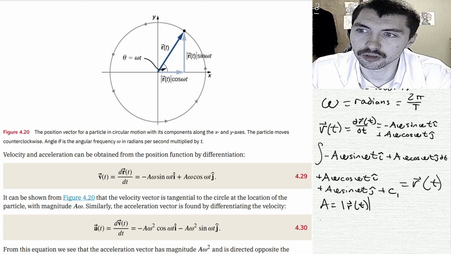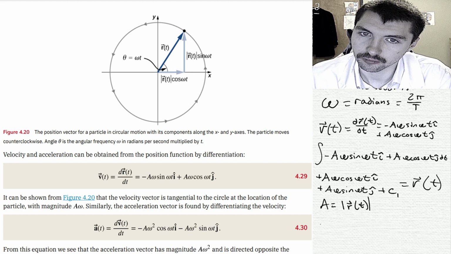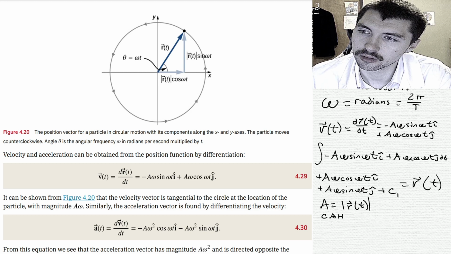So cos of theta is adjacent over hypotenuse.